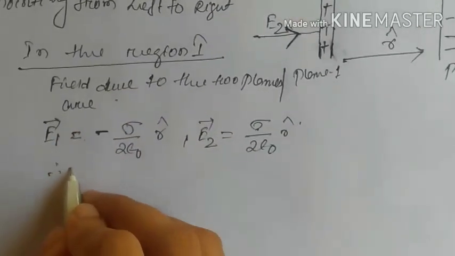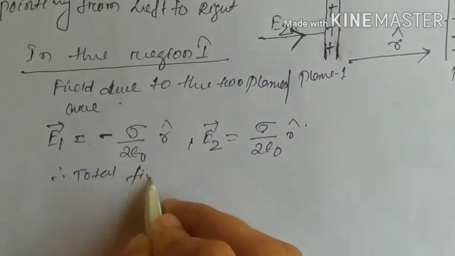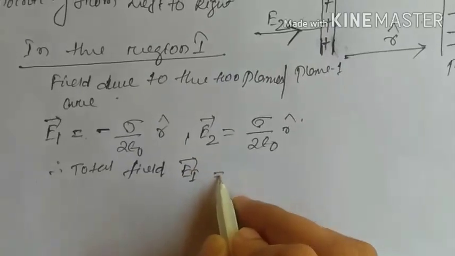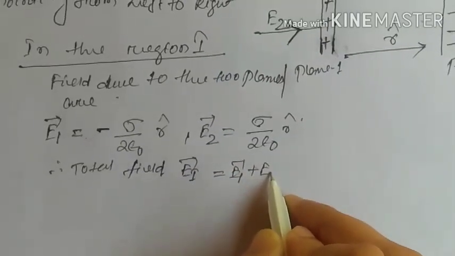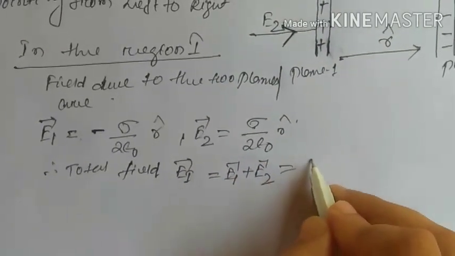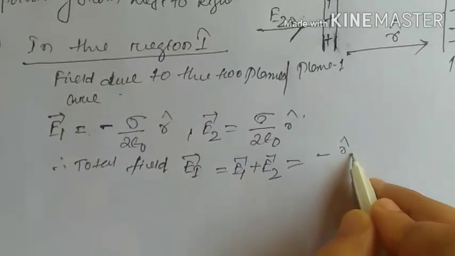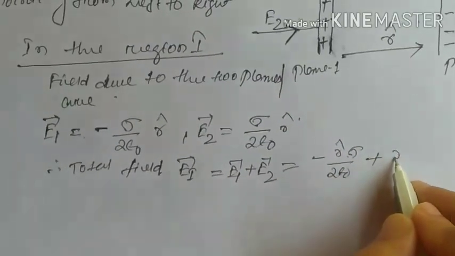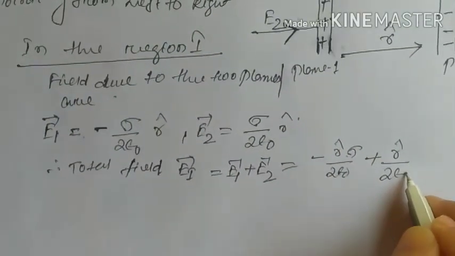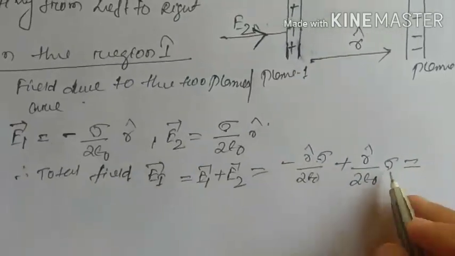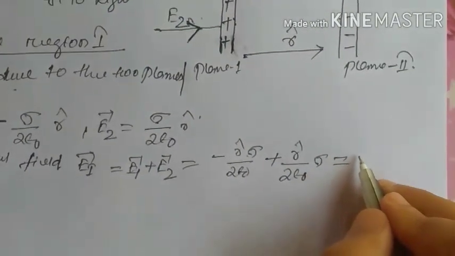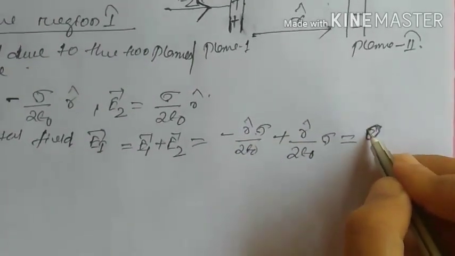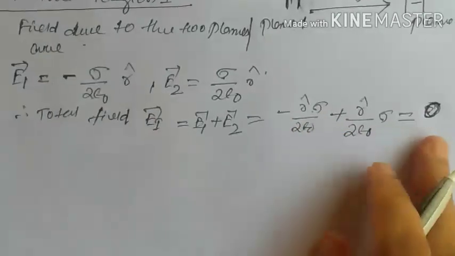So the total field in region 1 is E1 plus E2, equal to minus sigma by 2 epsilon naught r cap plus sigma by 2 epsilon naught r cap, which is 0, right?